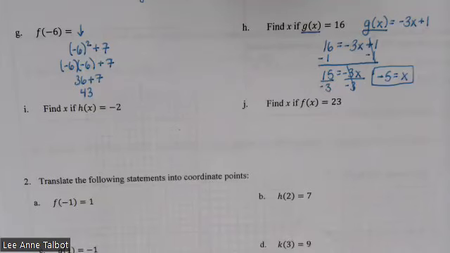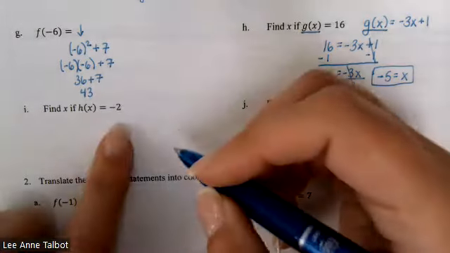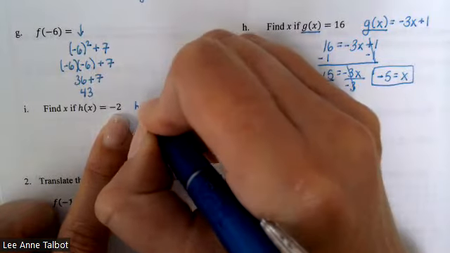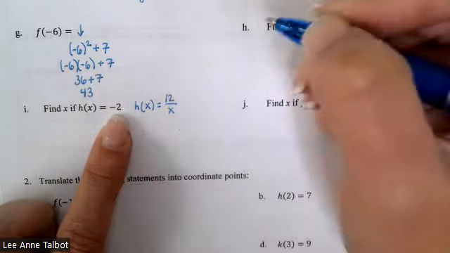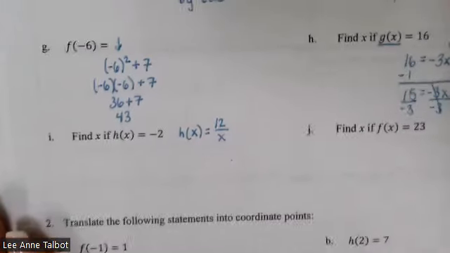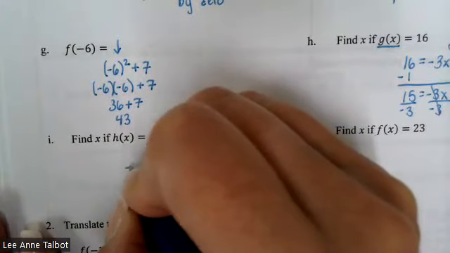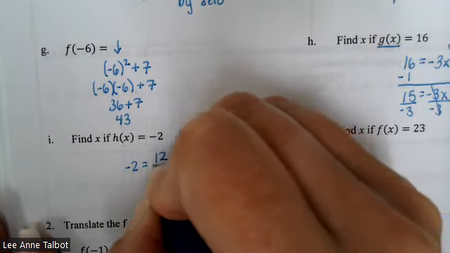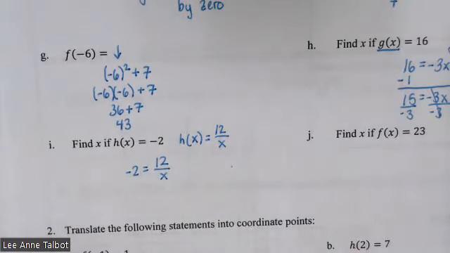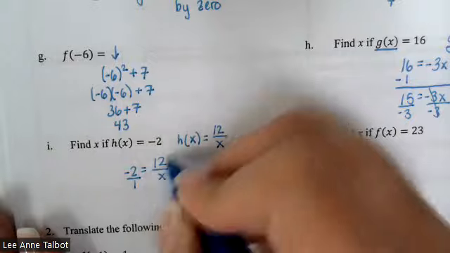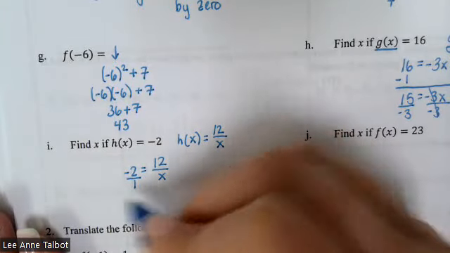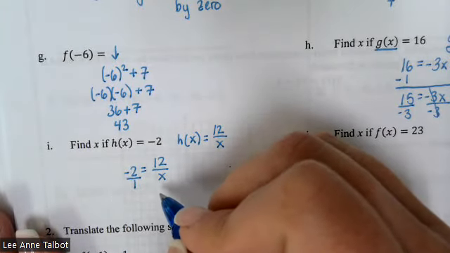Okay, hold on, pause. There's a weird fraction in I. Do you need help with that? Okay. So is it okay with you guys? I'm going to write h of x equals 12 over x. Negative 2 equals 12 over x. What I like to do with a problem like this is I like to put this side over 1 and treat it like a proportion and cross multiply.